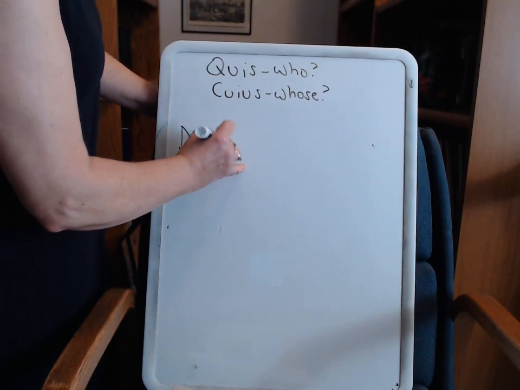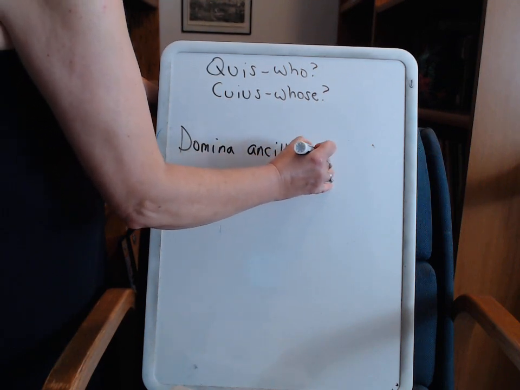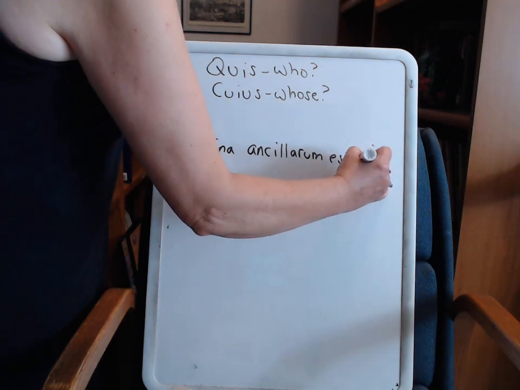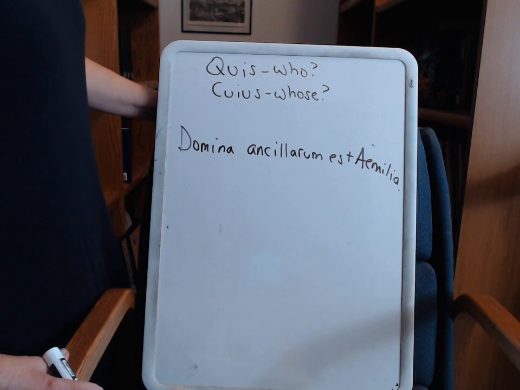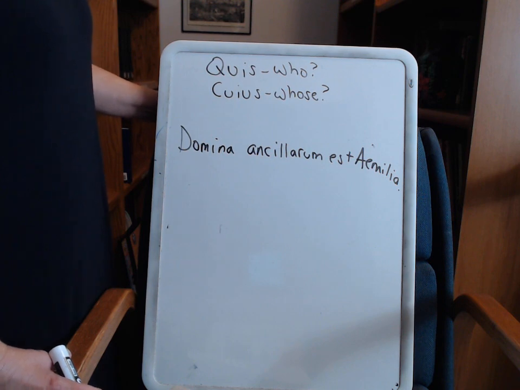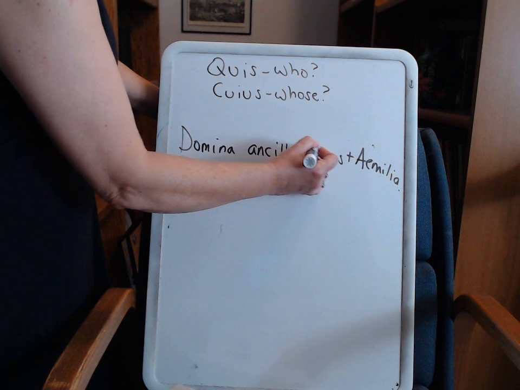Domina ancillarum est Aemilia. I'm going to run out of room. Quis est Domina ancillarum? Aemilia est. Cuius Domina est Aemilia? Ancillarum. Note here it is plural, right?